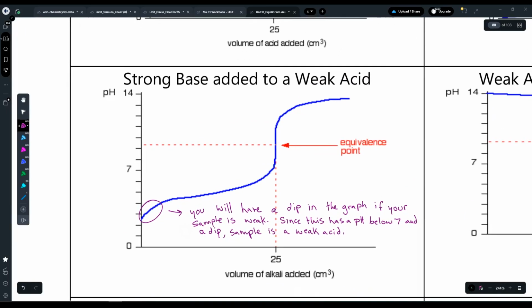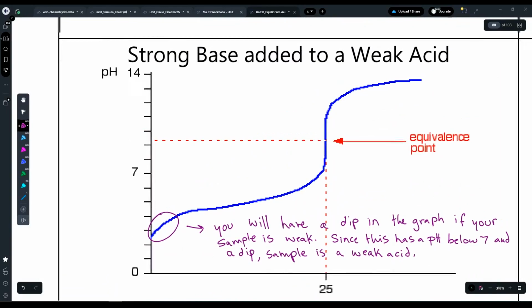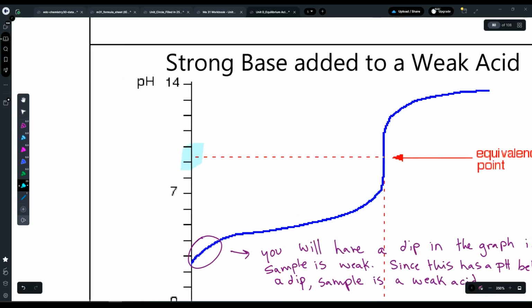Now, when you're titrating a weak acid with a strong base, your pH for your endpoint is going to be above 7. That's what you need to get out of this.